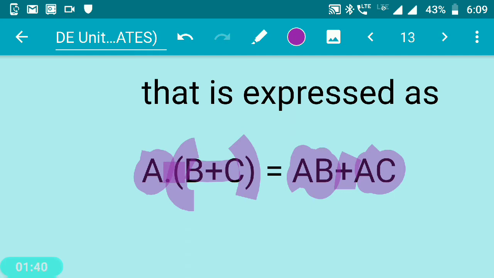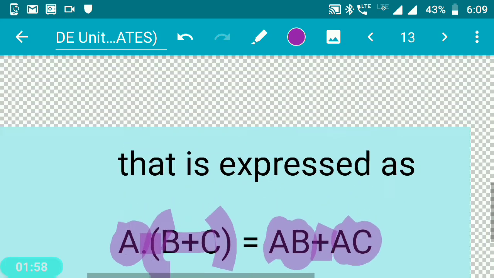You have two terms over there. Those two terms you can OR them, so that will be equal to A and B or A and C. This is what we can definitely write. This is what we call the distributive law.